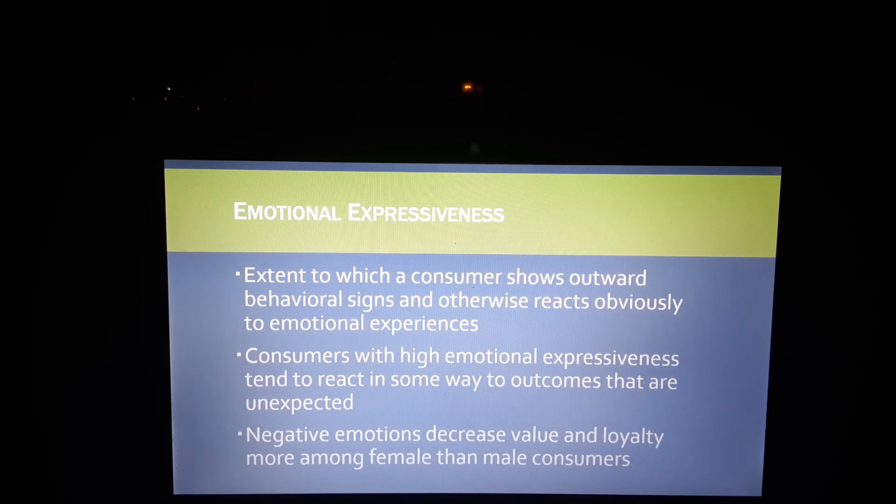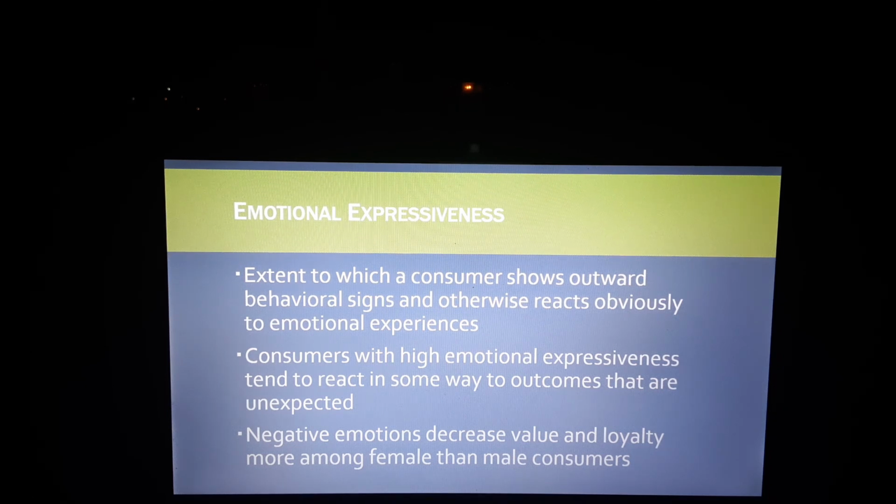We talked about anticipation earlier: if you anticipate something and it turns out the way that you had hoped it would, you probably have very positive feelings about it. And if you have negative emotions, it's going to decrease value and loyalty.